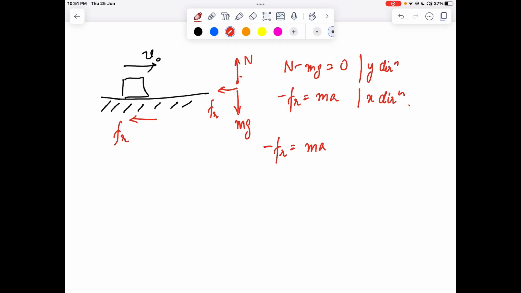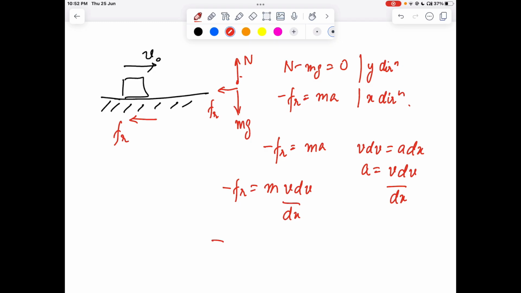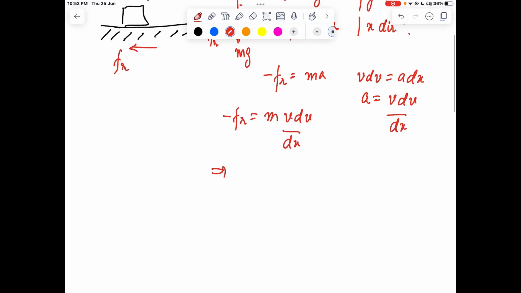Now we know from kinematics of a particle that v dv is equal to a dx, right? So we can say a is equal to v dv by dx, right? So we have minus Fr is equal to m v dv by dx. So we have Fr dx is equal to mv dv, right? So we note, of course, that this quantity is dW.